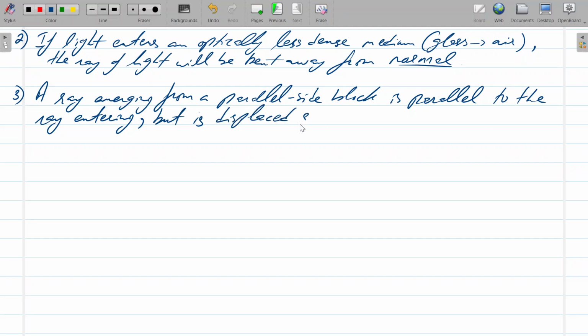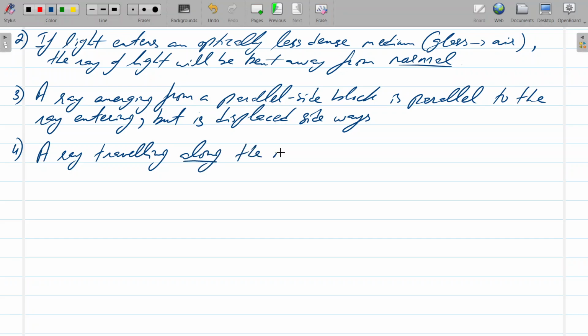Displaced meaning moved sideways. I will take you to the illustration to make this clear. And finally, a ray traveling along the normal direction at the boundary is not refracted.